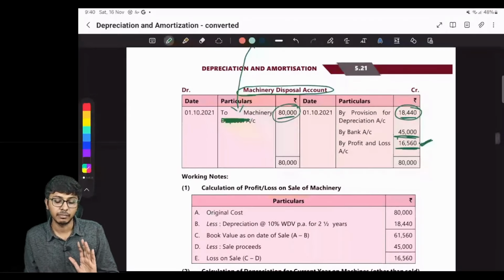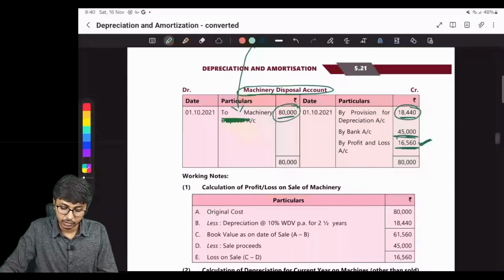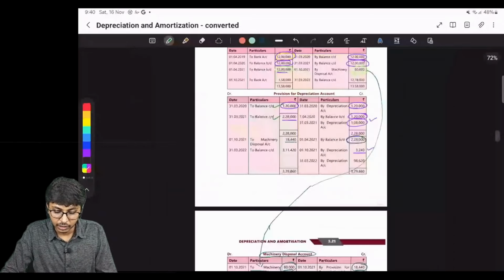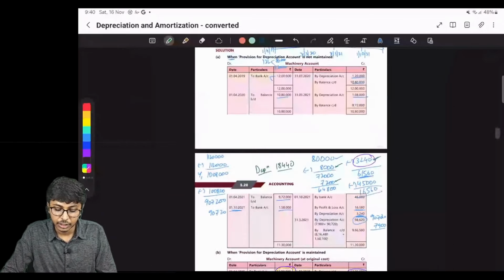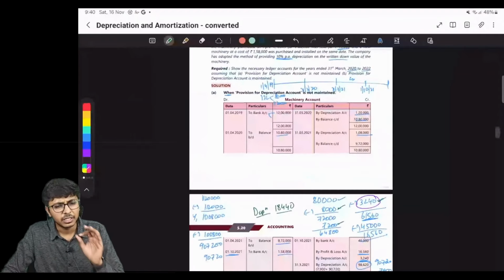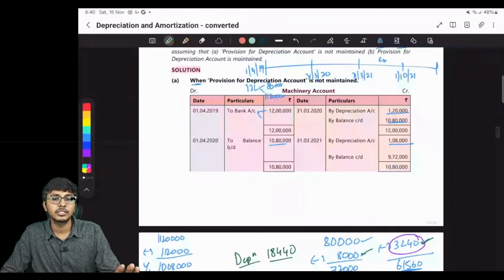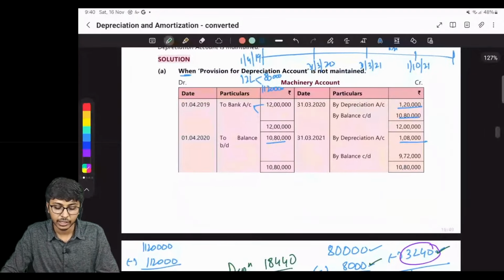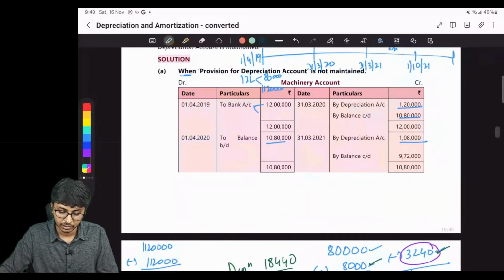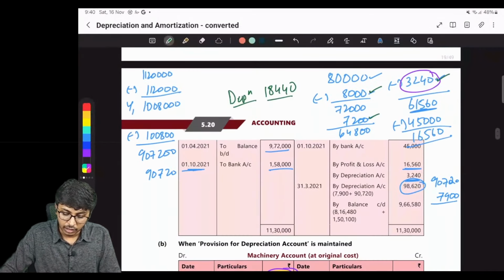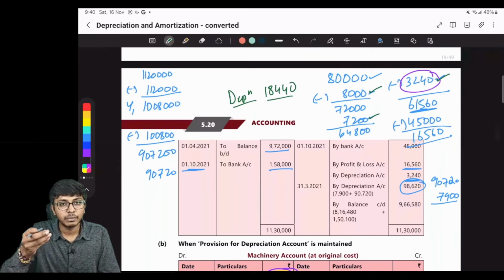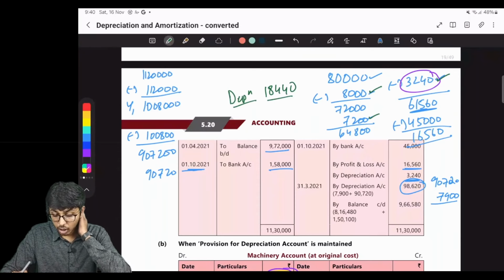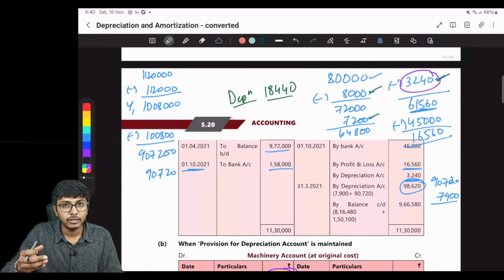So quickly, in the first method, you are providing depreciation in the same account, but still you will calculate depreciation separately, how much depreciation we should provide, what is the balance of the asset which you are selling, and the profit or loss.